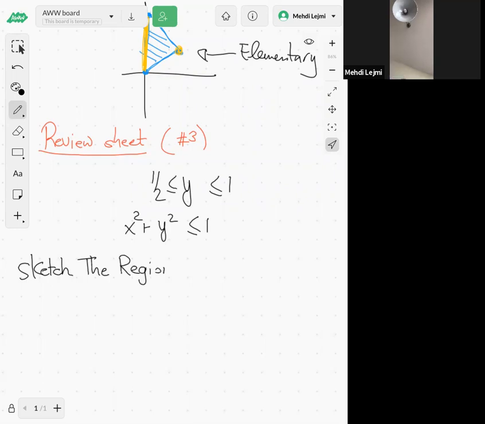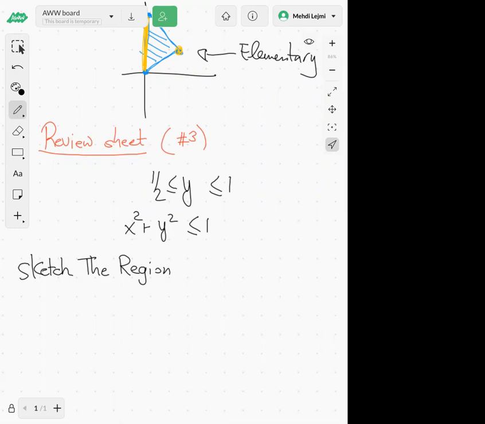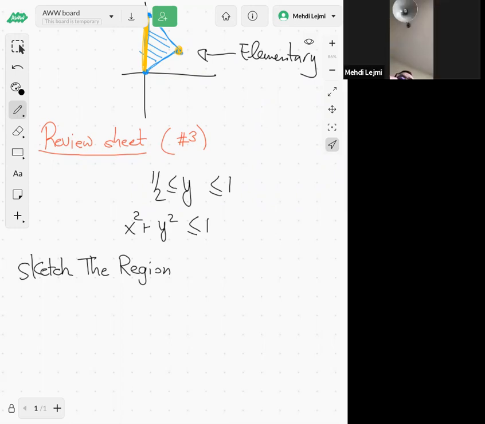As I said, in the two-dimensional case, if you have just 2 variables, it's a good idea to sketch the region, because it's not hard in general. Would we be able to use polar coordinates for this one, or do you want us to stick to x and y?